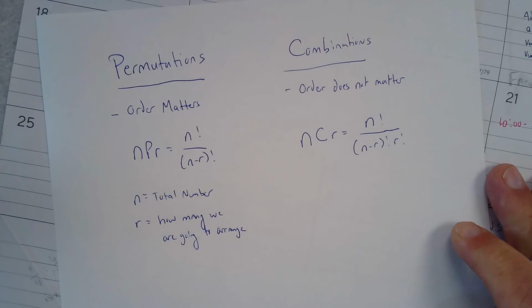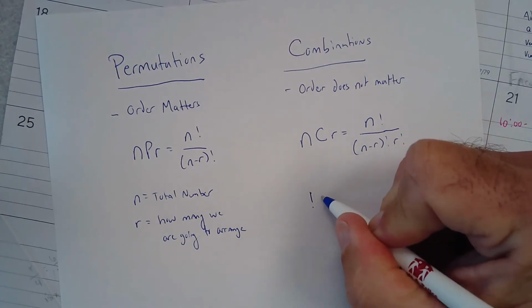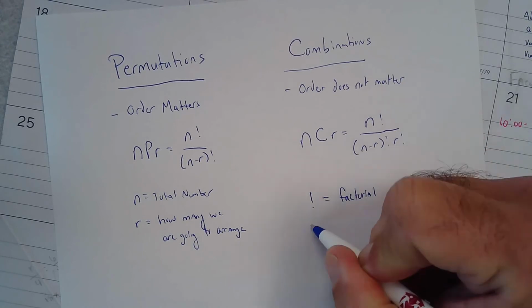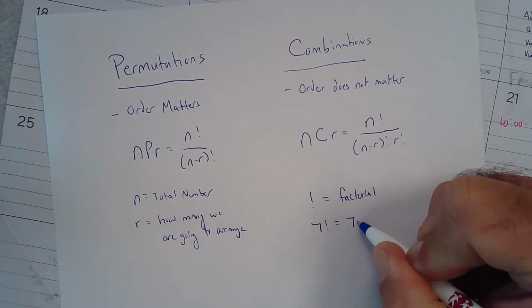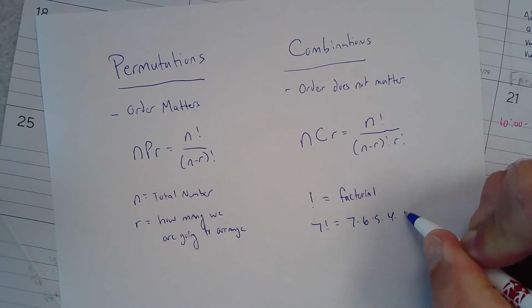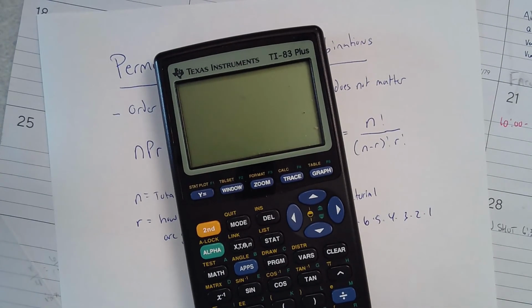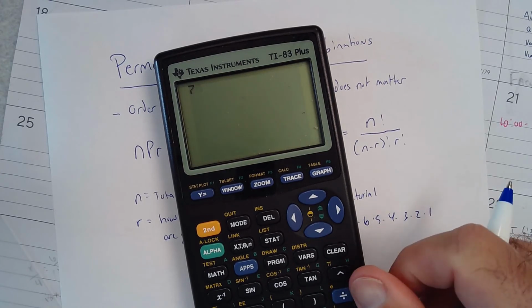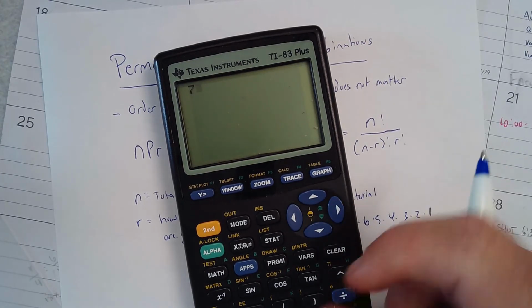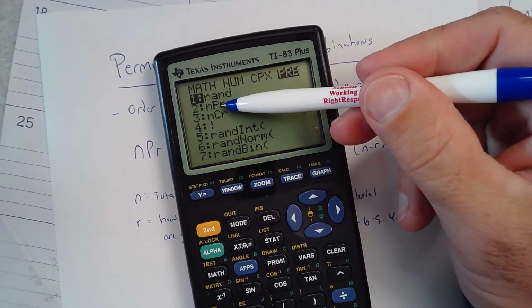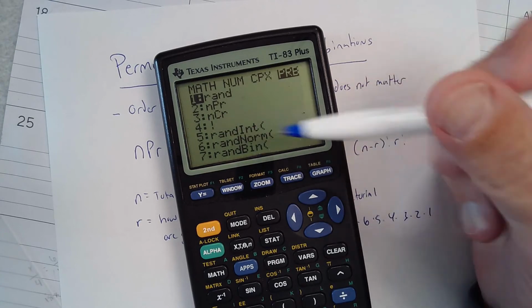Now to understand what a factorial is, what that symbol means is, for example, if we had 7 factorial, that would mean 7 times 6 times 5 times 4 times 3 times 2 times 1. The quickest way to find a factorial in your calculator, if you have a graphing calculator, is to type 7 and go to the math button, arrow over to probability, and you're going to see a permutation button, a combination button, and a factorial button.